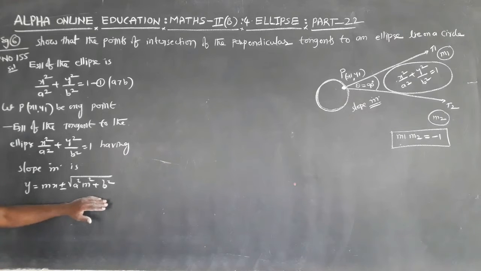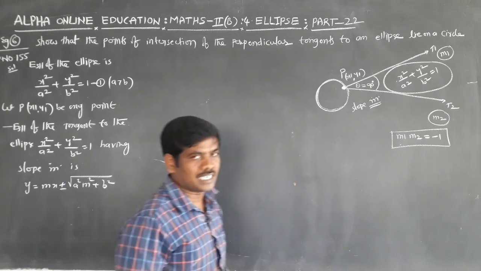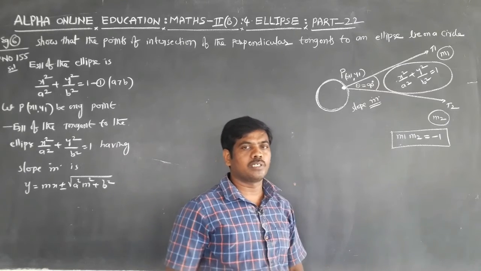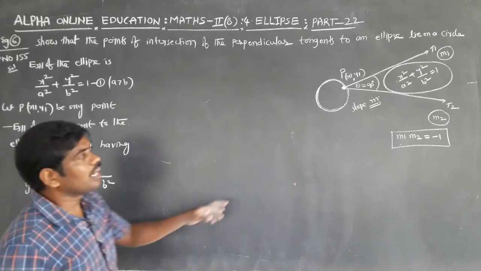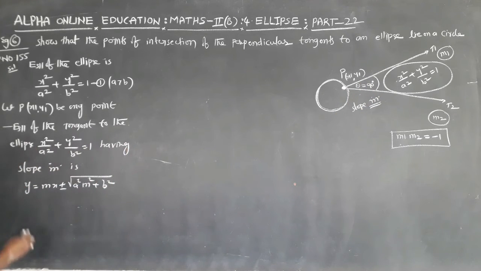This is the equation of the tangents. Plus means first tangent, minus means second tangent. Here let m be the common slope of the two lines. Here two lines are passing through the point P(x1, y1).